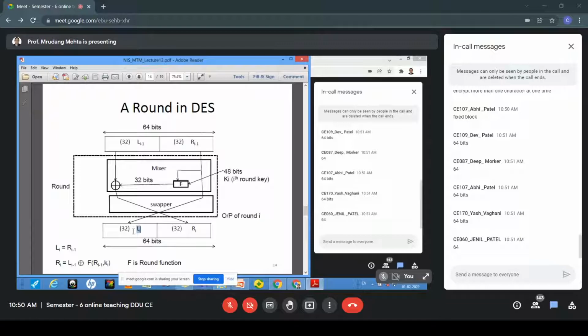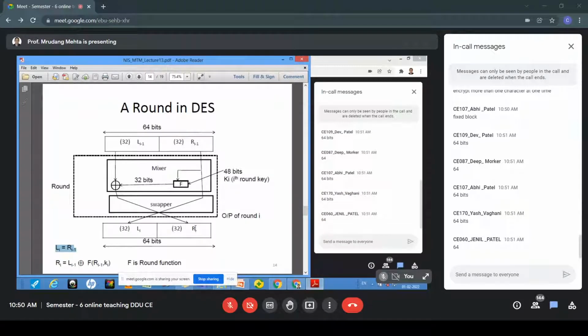What is Li? Li is Ri minus 1. So if it is L1, it is R0. You can see that Ri minus 1 is given directly to Li.